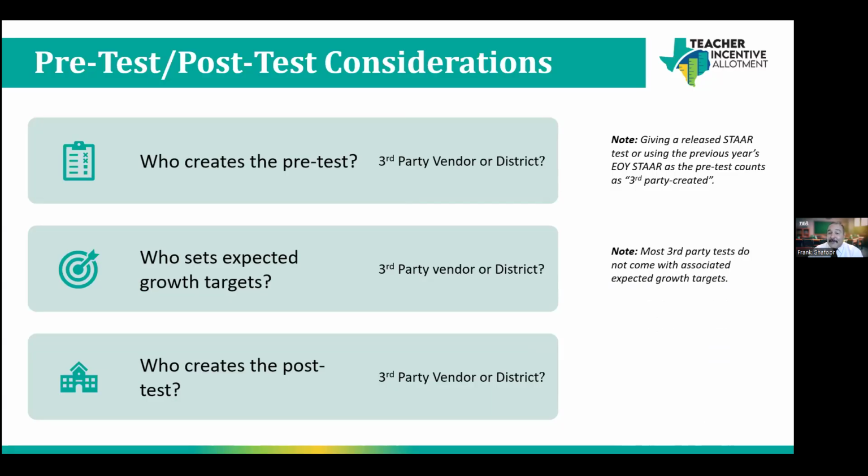Also note that when you are doing your market research and figuring out which assessments are going to work for your system, most of those assessments are not going to come with third party growth targets. And so districts who want a comprehensive system that includes many of their teachers are going to have to come up with ways to locally develop these growth targets. Who creates the pretest and who creates the post-test may differ for different teaching assignments, content, and grades.